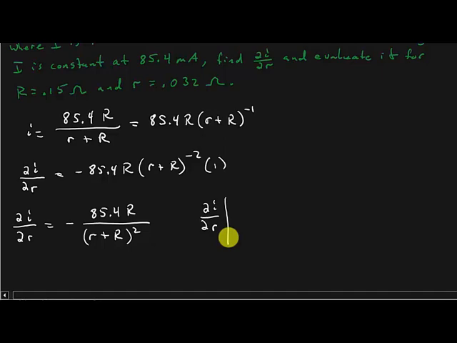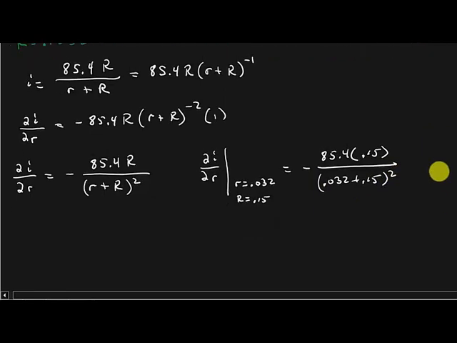And so now let's evaluate this, the partial of I with respect to r. We're going to evaluate that where little r is equal to 0.032 and big R is equal to 0.15. And so that's, let's not forget that negative. That's 85.4 times 0.15 over 0.032 plus 0.15 and all that squared.